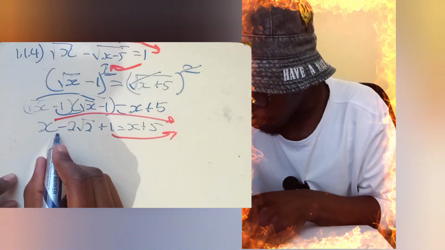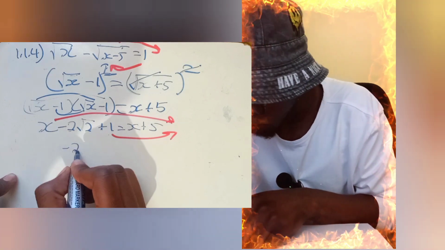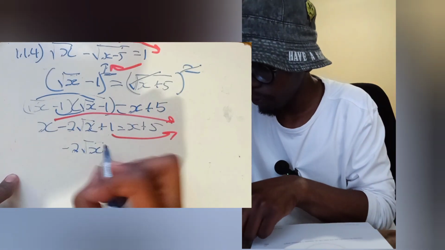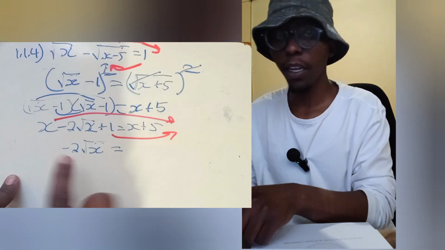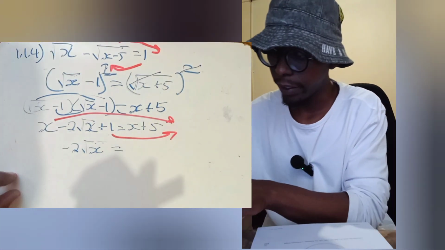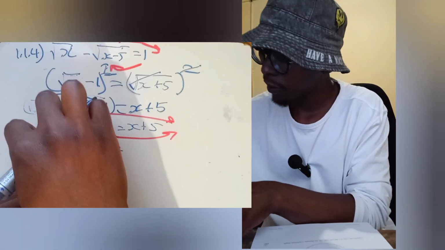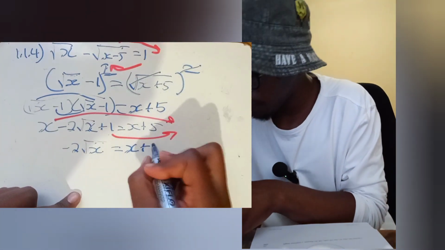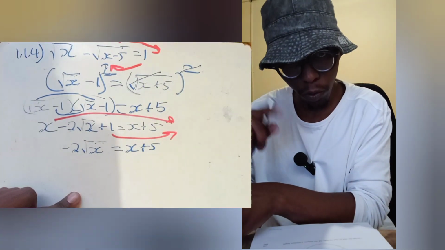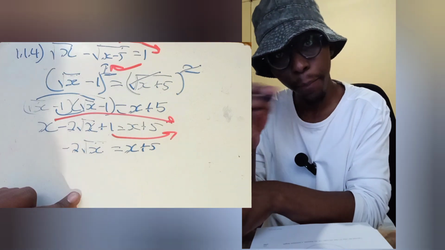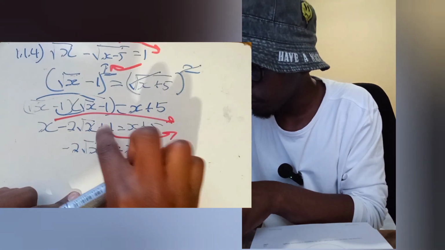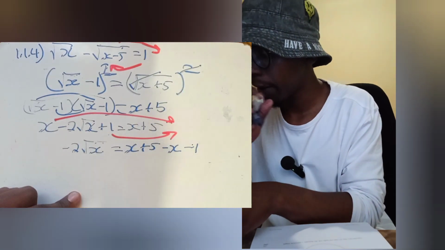So now I have minus 2 root x equals. The positive x jumps, it becomes negative. Wait, let me first write what was there before. There was a compound. So it's minus x. The 1 was positive, it becomes minus 1.